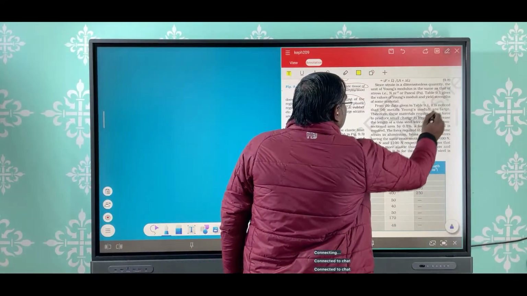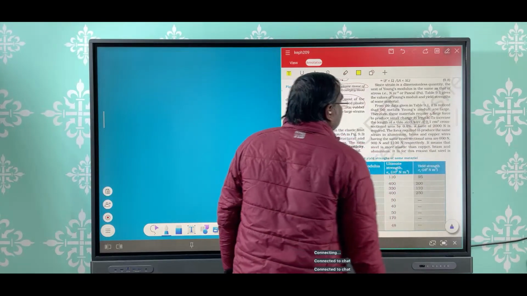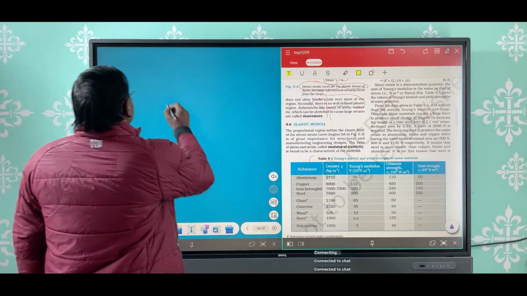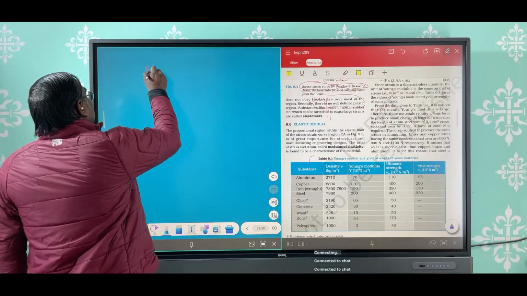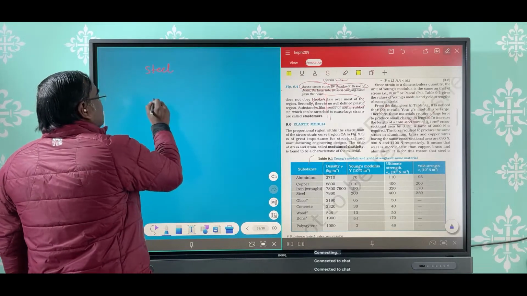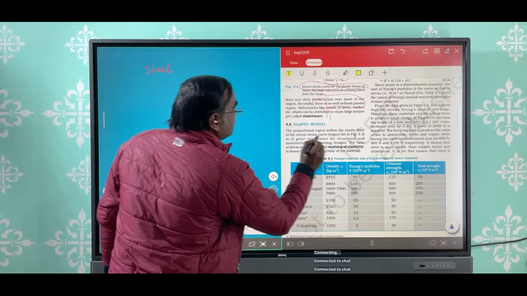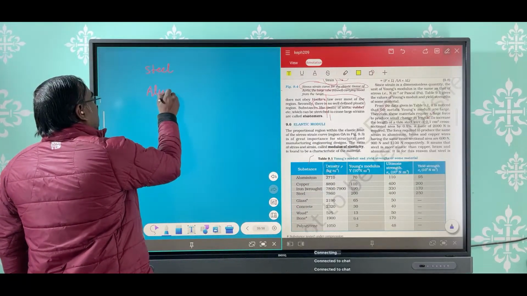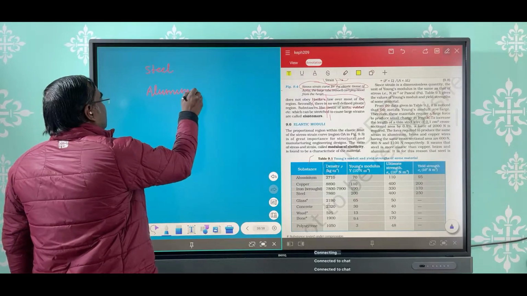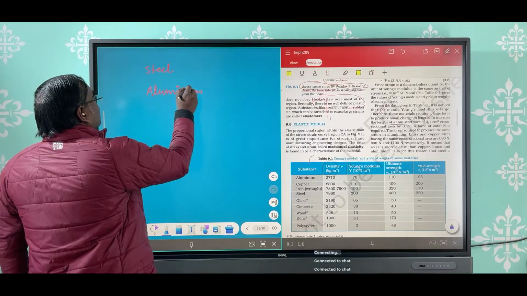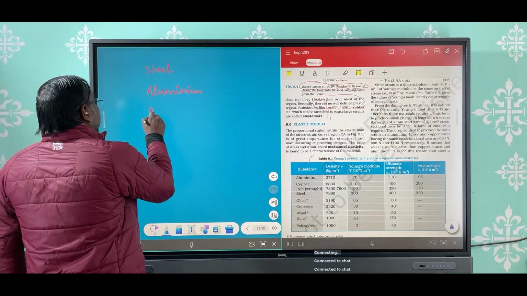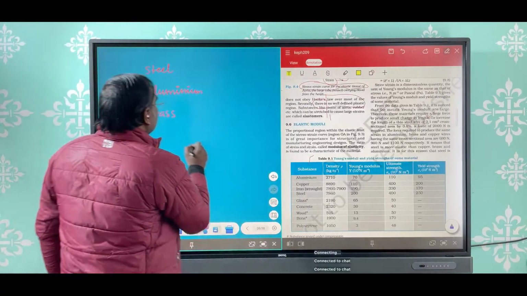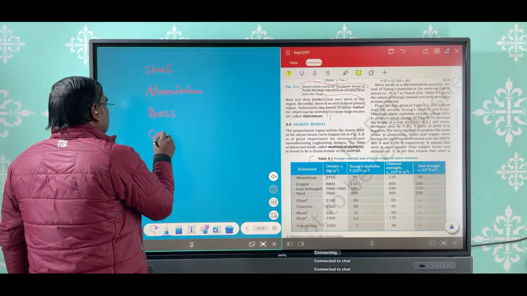To increase the length of a thin steel wire of 0.1 centimeter square cross sectional area. See, if we are taking the steel, another is the aluminum, brass, and the last one is the copper.